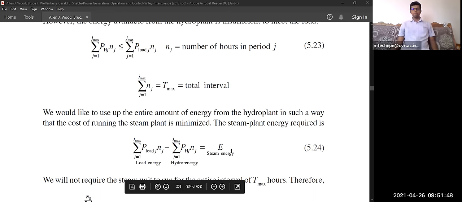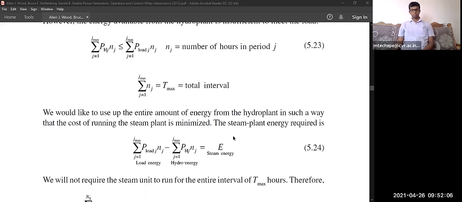Whatever power is generated from steam energy plus whatever is generated from hydro energy is nothing but the load. But here our ultimate aim is to minimize the running cost of the steam power plant.